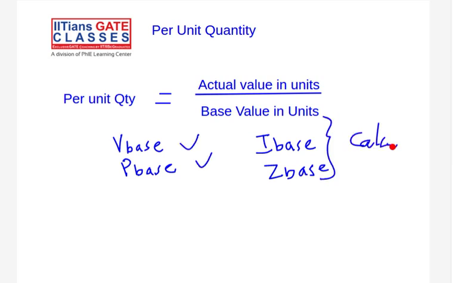In any given system, we get the ratings of the machines or equipment. Then we select base values and divide the given values by these base values so that we get the quantities in per unit.